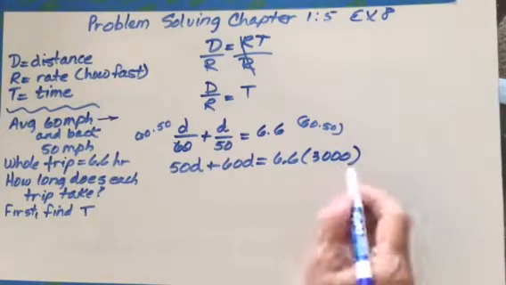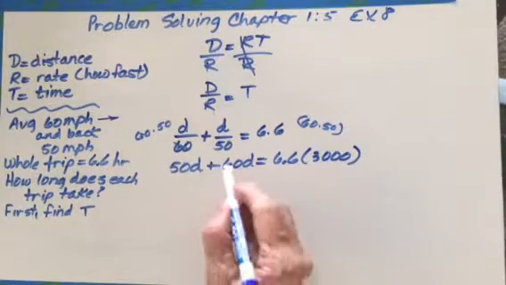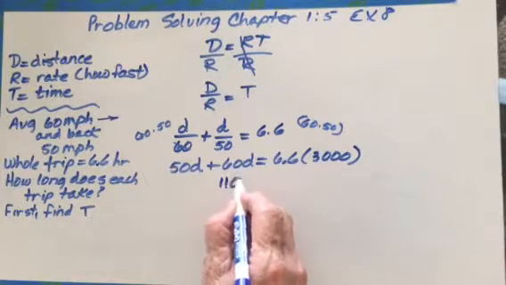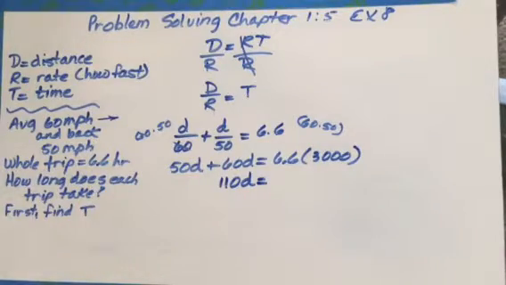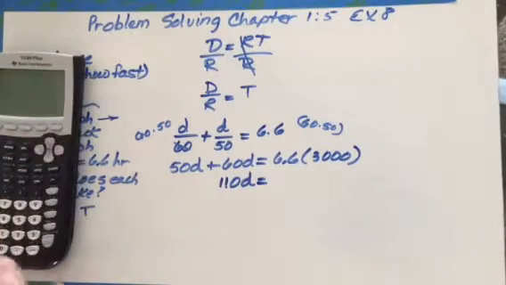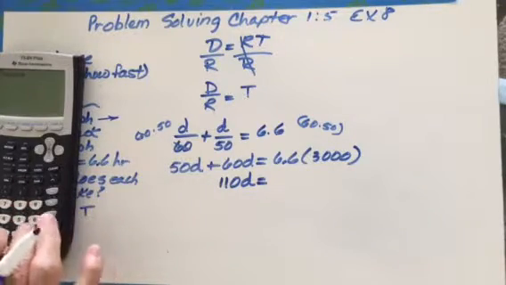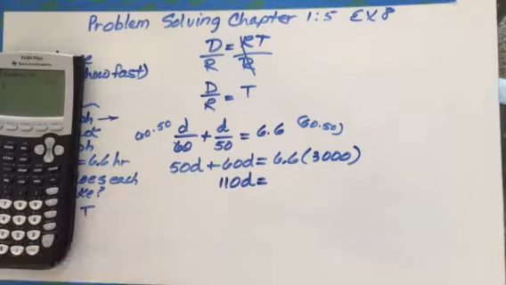Now, I'll just solve this equation. So 50 plus 60 is 110D equals, now 3,000 times 6.6 is 19800.